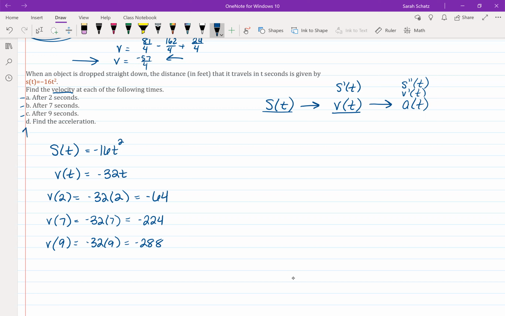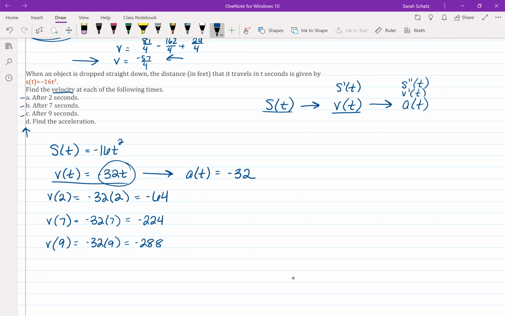You guys, part D says find the acceleration. So remember the sequence here. It goes from S, first derivative is V, second derivative is acceleration. So to find the acceleration, you're going to take the derivative of velocity. The derivative of negative 32t is just negative 32.